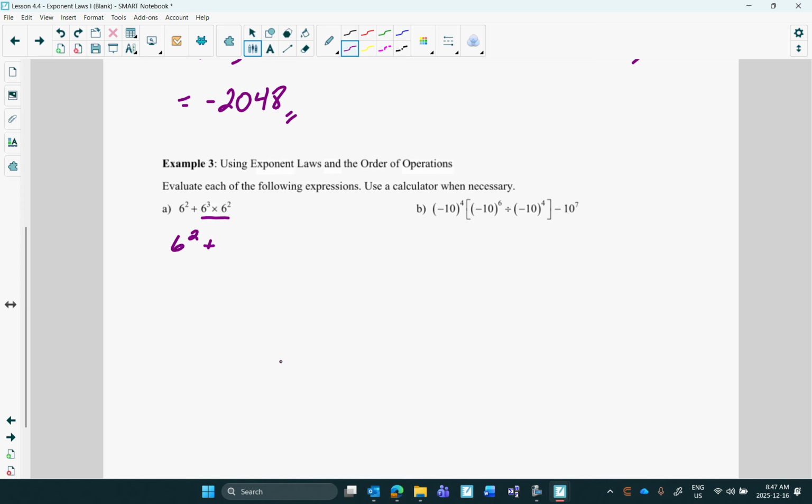What is 6 to the 3rd times 6 squared as a single power? 6 to the 5, because I add the exponents. You cannot write this as 6 to the 7th because we're not multiplying them, are we? We're adding them. So we're going to have to pull out our calculator.